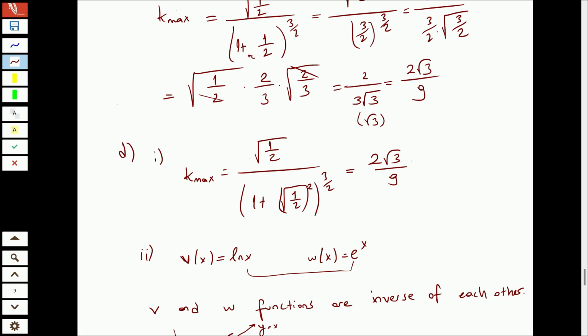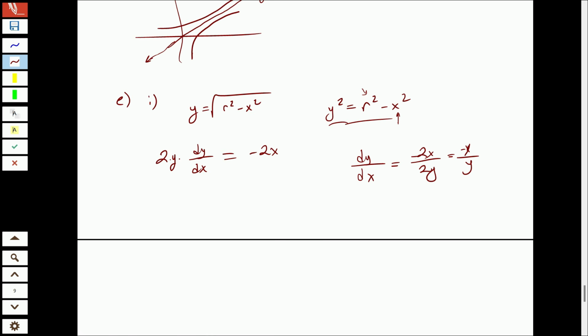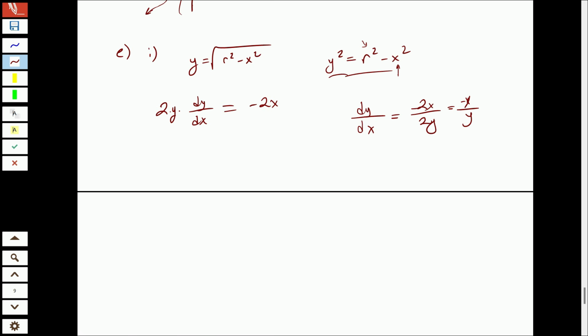And to find the second derivative of this function, you can apply, for example, here the quotient rule. I know that the quotient rule will be minus 1, the derivative of the numerator times y, minus the numerator times the derivative of the denominator, y prime, divided by y square.